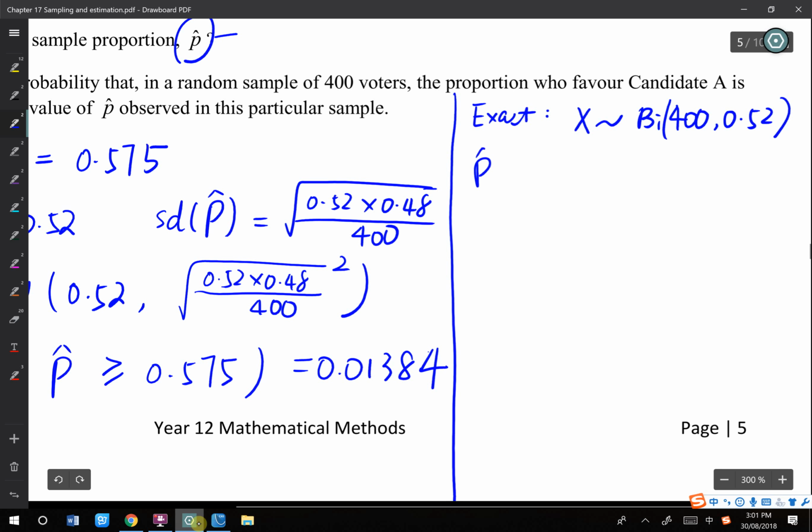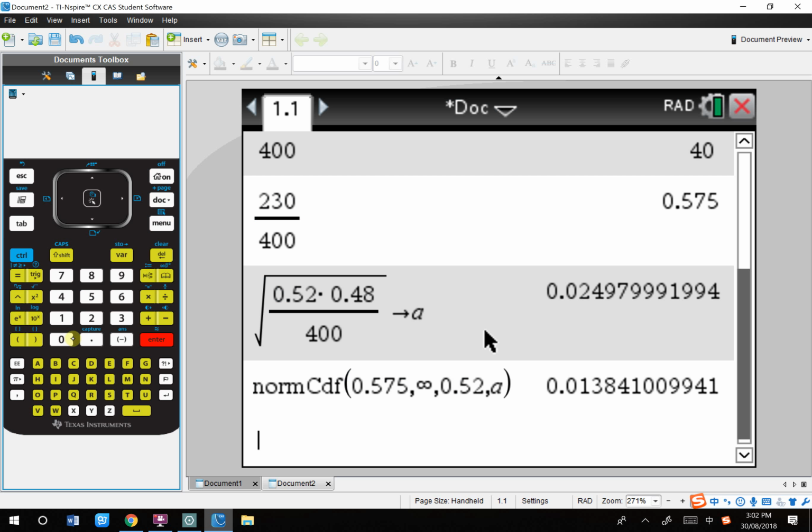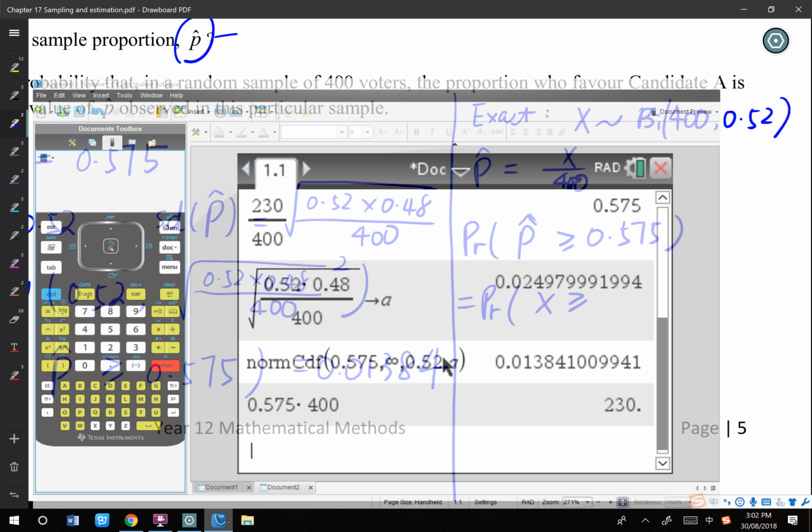So P hat is X over 400. What you're looking for is P hat greater than or equal to 0.575, and that equals the probability X is greater than or equal to 230.